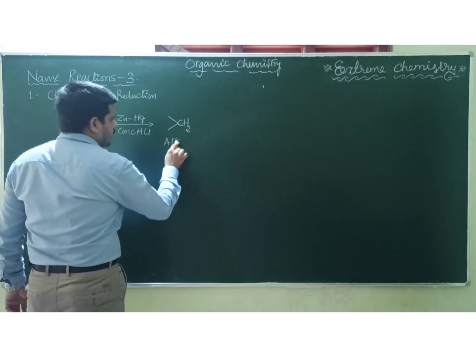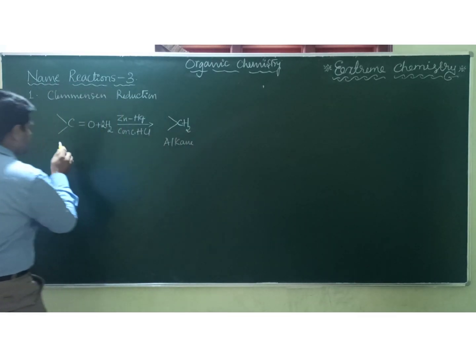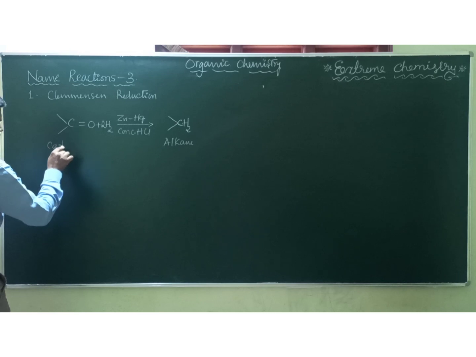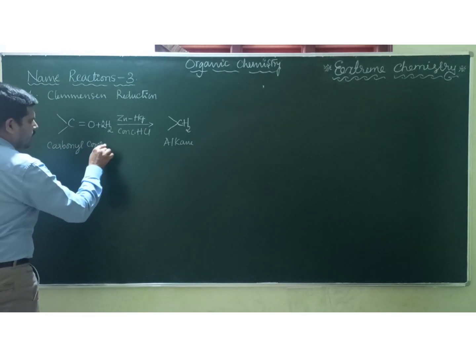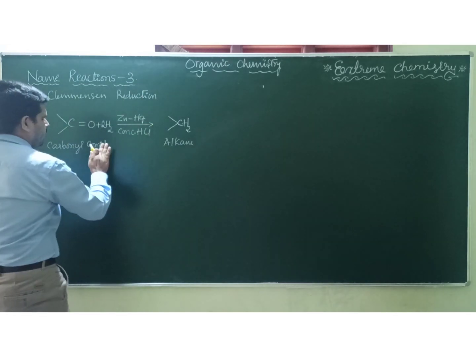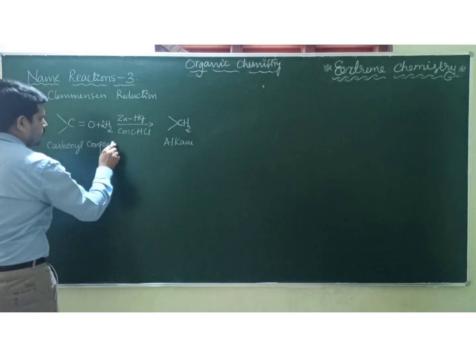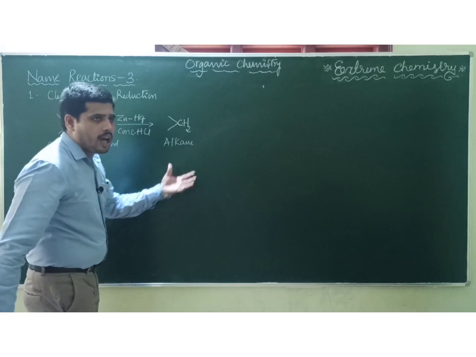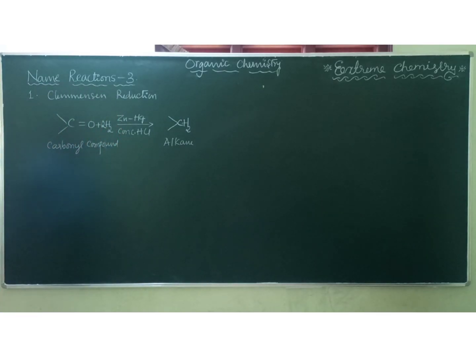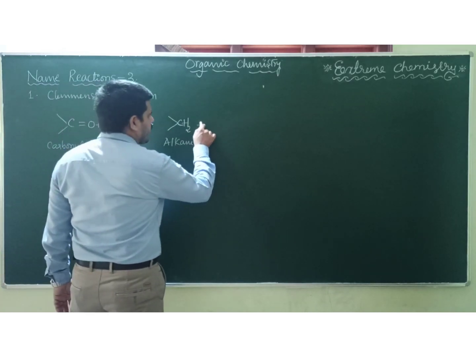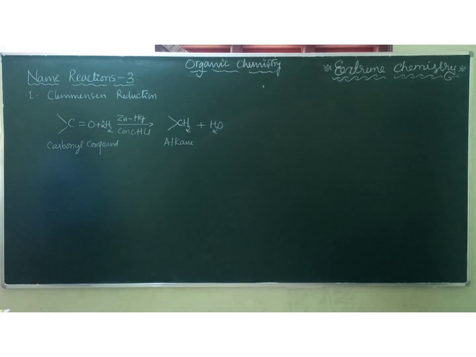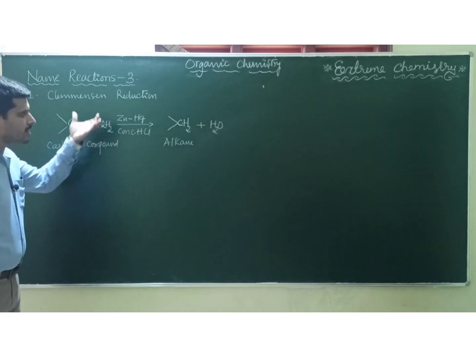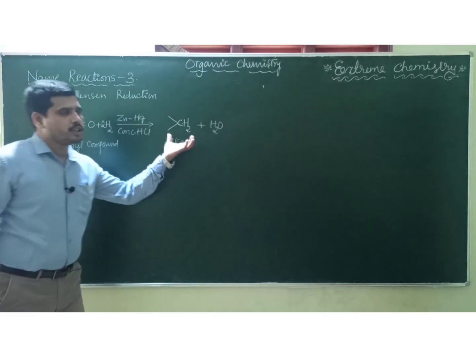This is the carbonyl compound, and it is converted into an alkane with the help of Clemmensen's reducing agent. Now what is the byproduct? H2O. Is that fine? So this is how we convert the carbonyl compound into an alkane.